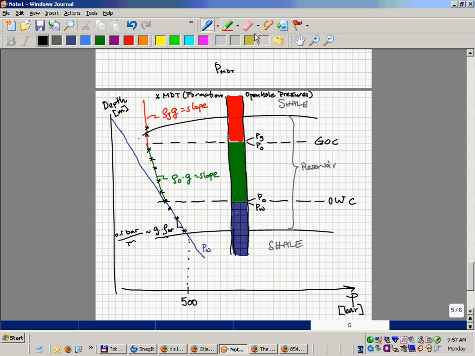It's basically equal to the mobility of gas times the gas pressure, plus the mobility of oil times the oil pressure, plus the mobility of water times the water pressure. So if you happen to be in a zone producing quite a bit of water and oil, you'll get some pressure between the oil and water pressure. But usually it's only one phase, and that's why you get this fairly clear trend.